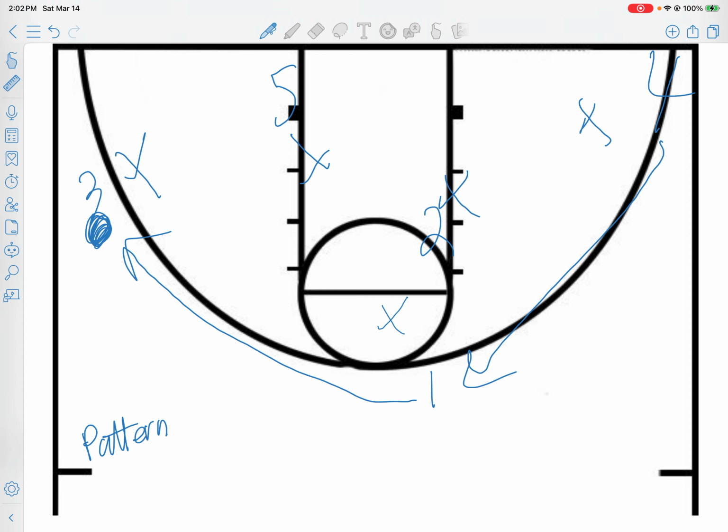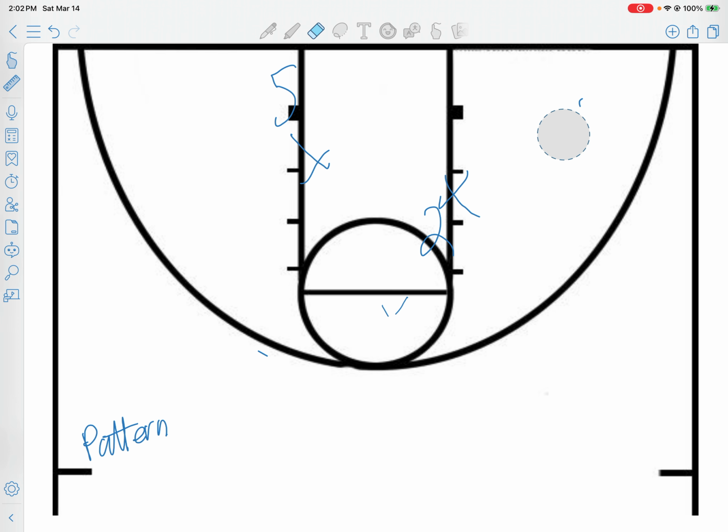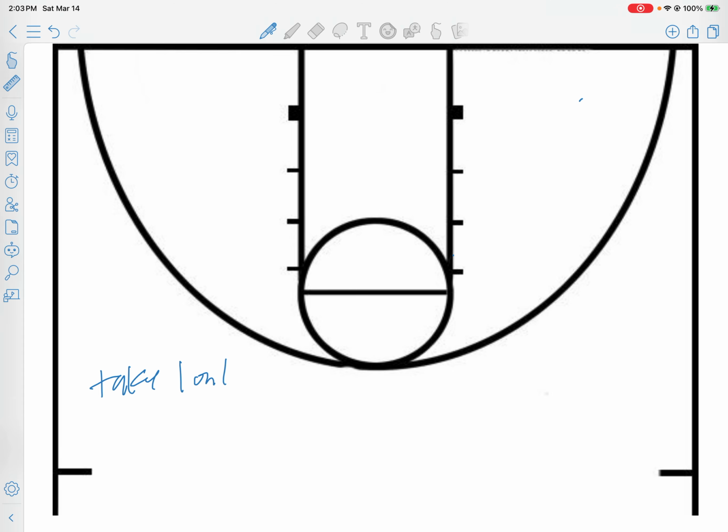Okay. So the patterns, again, this is getting a little bit tricky here, but just keep it simple. Let me erase all of this. The patterns that I want you to think about is: take one-on-one. If it stays one-on-one, take it to the hoop. If help D comes, dump to help.